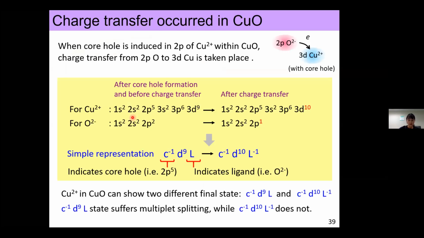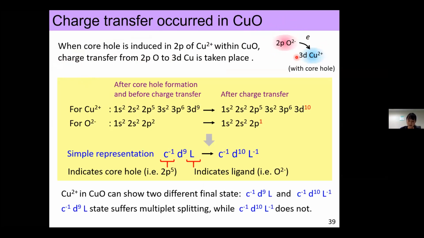So it was proposed that charge transfer occurred in copper(II) oxide when a core hole is induced. When a core hole is induced in 2p of Cu²⁺ within copper(II) oxide, charge transfer from oxygen 2p to copper 3d takes place.